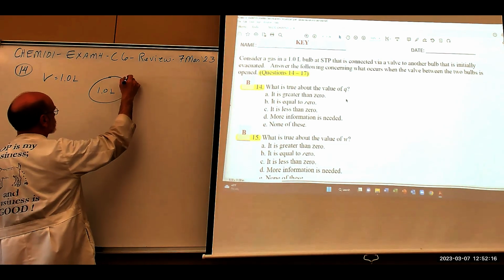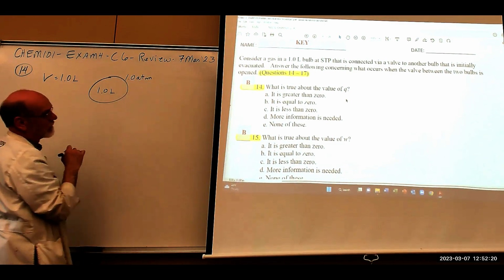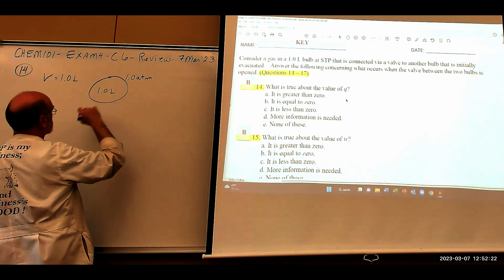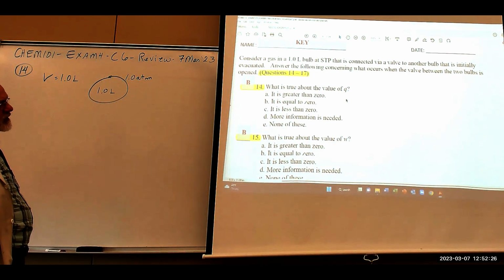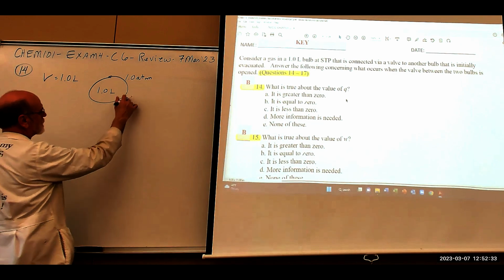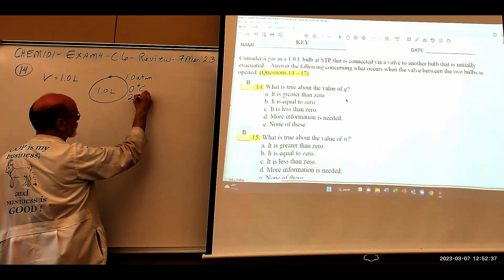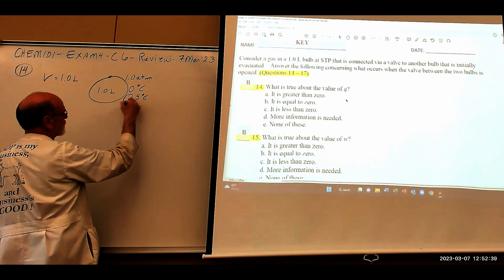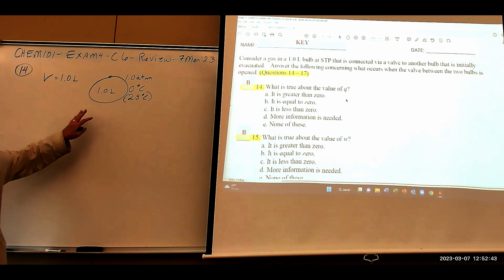So what's standard pressure? 1 atmosphere. Temperature? Well, I'm not sure which one they want us to use. I think when we're just doing gas calculations, the standard is 0 degrees C. But it could be 25 degrees C. That's a problem. As long as it doesn't change, we're okay.